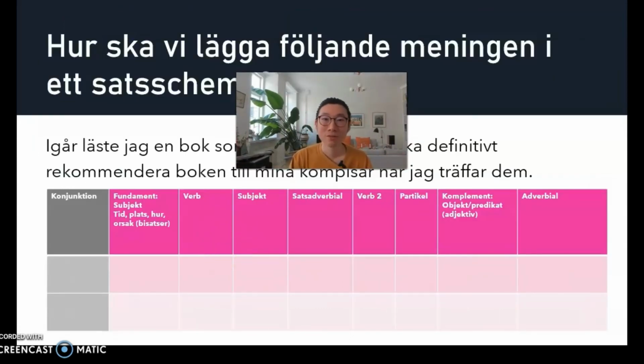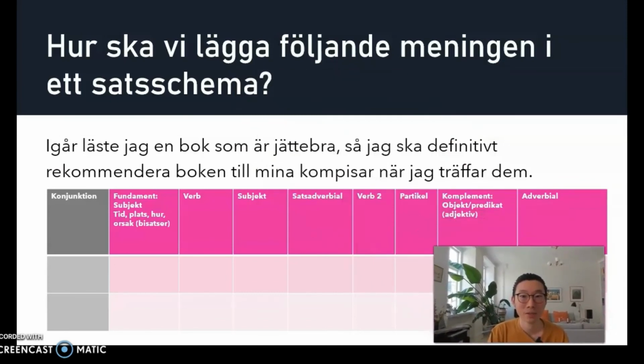Okej, nu kan vi göra en övning. Nu ska vi göra en övning tillsammans, an exercise. Nu ska du lägga följande meningen i ett satsschema. Now you should put this sentence in this clause schedule.